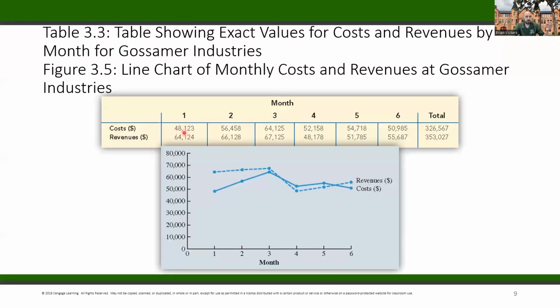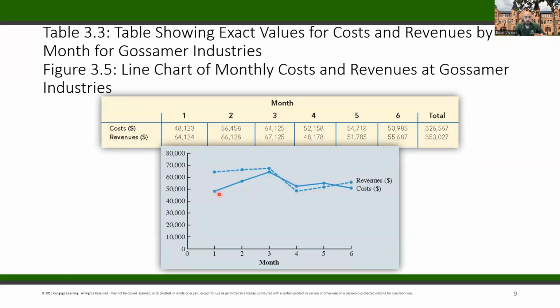So having costs for each month against the revenues for each month, it could go in this table here, like you see up top. But then you could also have it on the graph, the time series graph on the bottom here, with one being represented by a different color of a line or different design. For example, these dotted lines versus a solid line for revenues and costs.